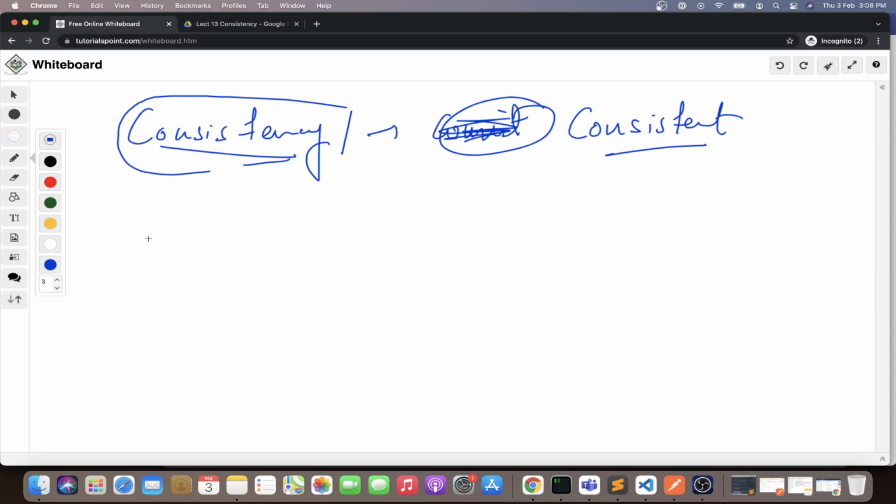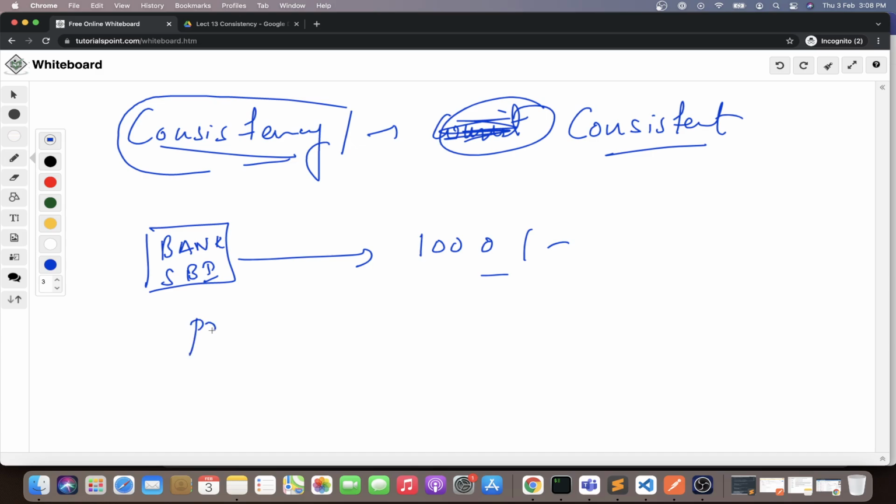For example, if we go to a bank, SBI, and we deposit 1,000 rupees in it, and the previous balance was around 5,000, and we deposit 1,000 again.